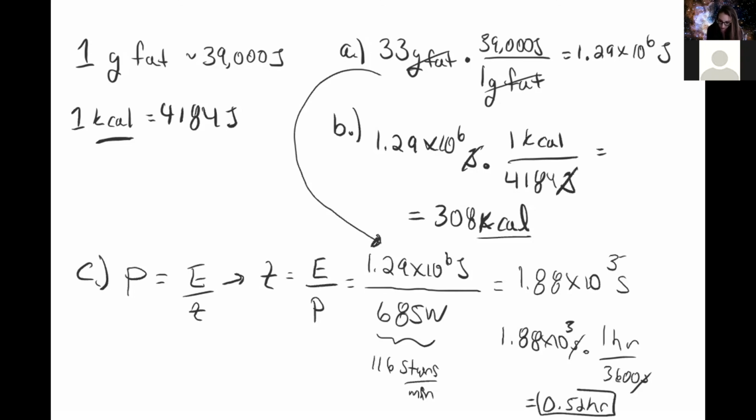So to burn off those 33 grams of fat from our Big Mac, we'd have to climb stairs for 0.52 hours, or 30 minutes, in order to just burn off the energy from the 33 grams of just the fat in our Big Mac.